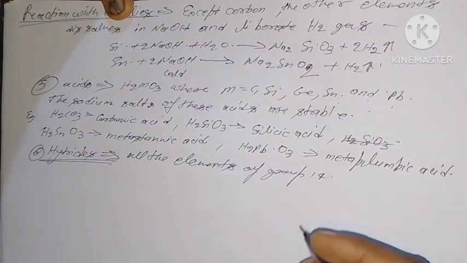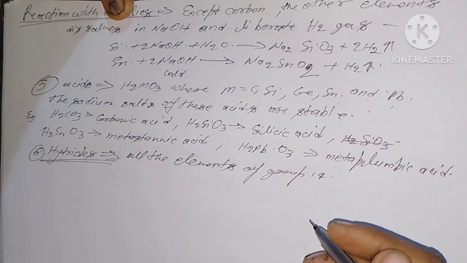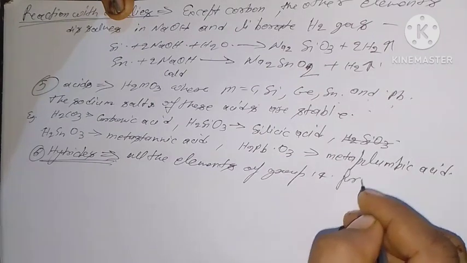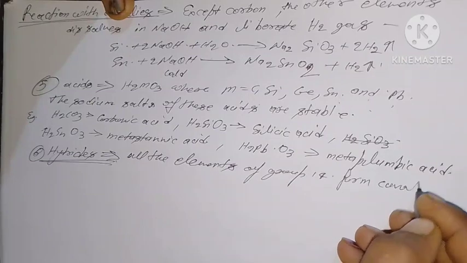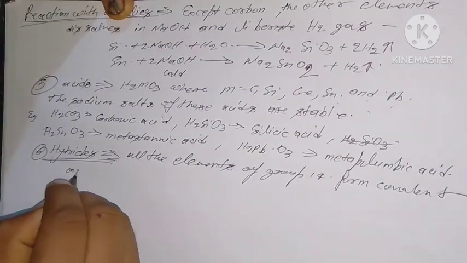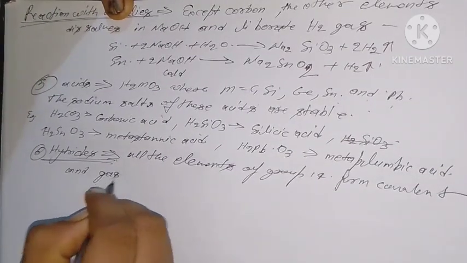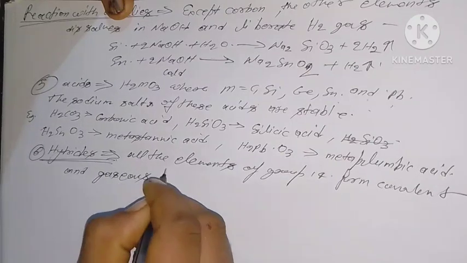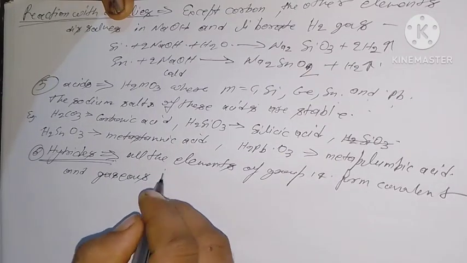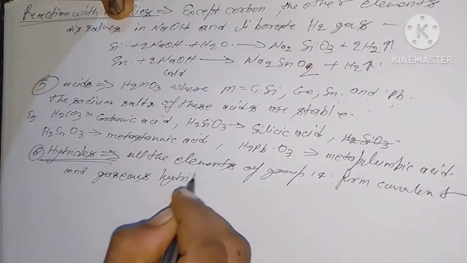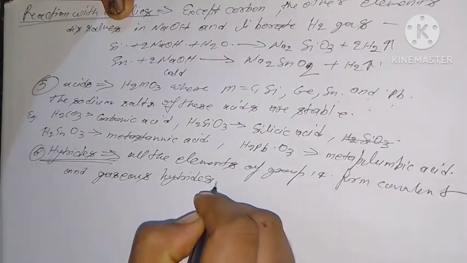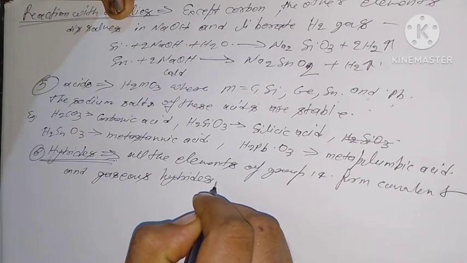All the elements of group 14 form covalent and gaseous hydrides of the type MH4.